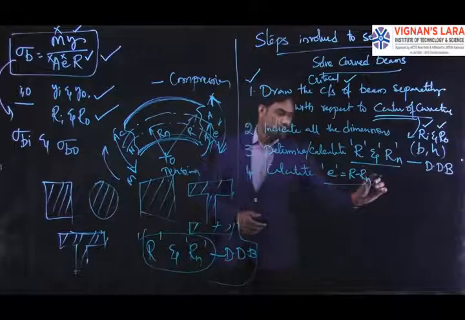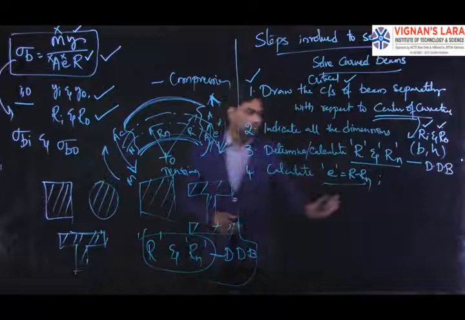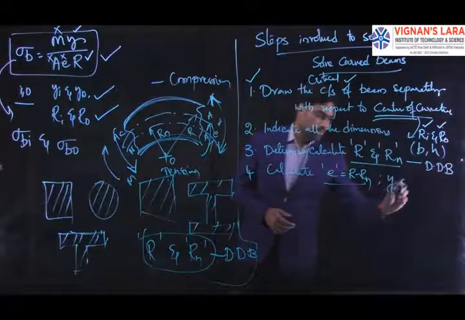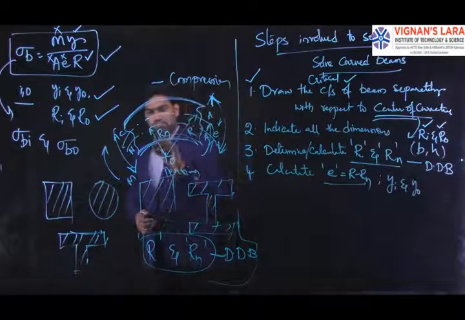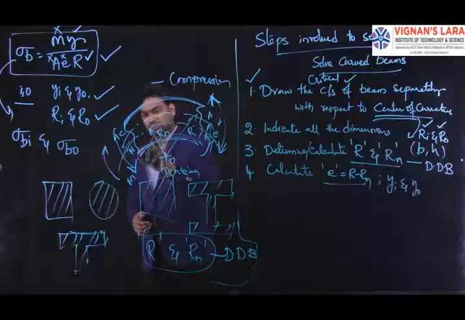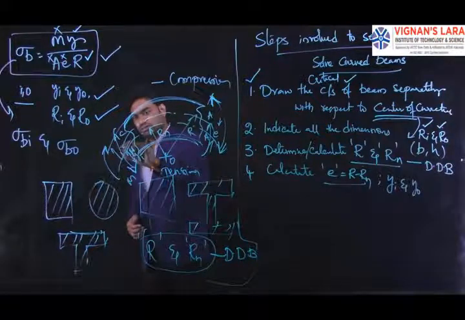In this step you can also find out the values of Ya and Y0, which we can calculate from the diagram. Ya is the distance from the neutral axis to the inner fiber, and the distance from the neutral axis to the outer fiber is Y0.